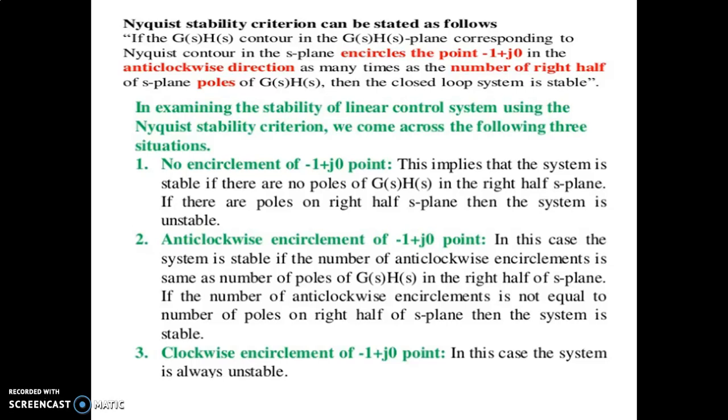The Nyquist stability criterion can be stated as follows. If the G of s into H of s contour in the GH plane, corresponding to the Nyquist contour in the s plane, encircles the point minus 1 plus j0 in the anti-clockwise or counterclockwise direction as many times as the number of right half s-plane poles of G of s into H of s, then the closed loop system is stable.